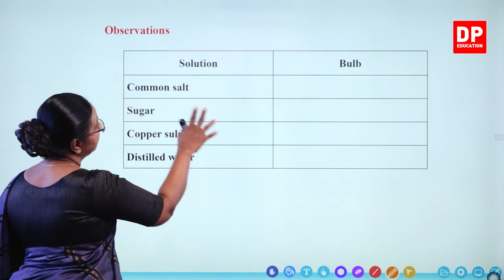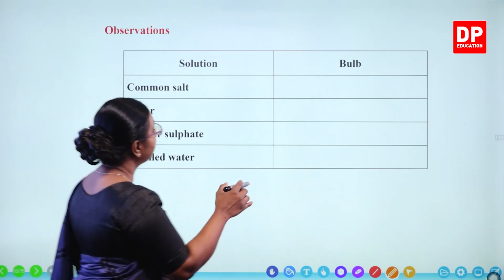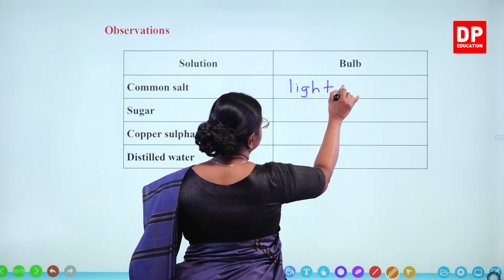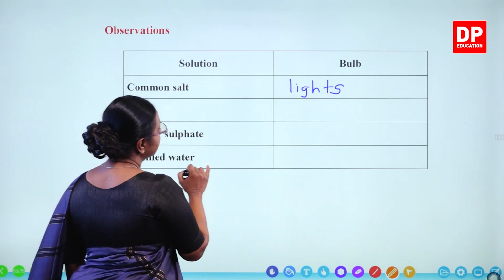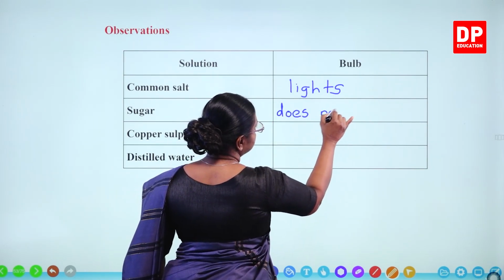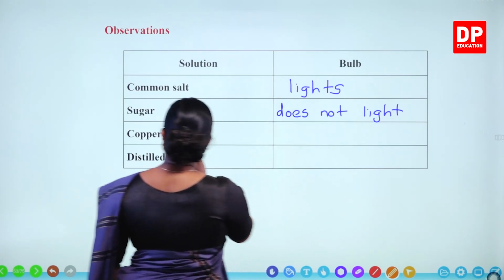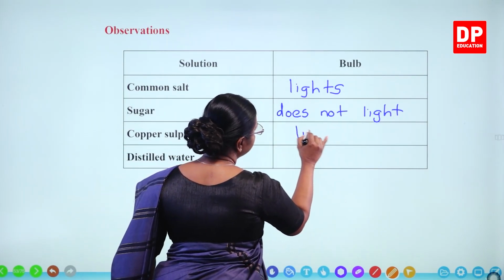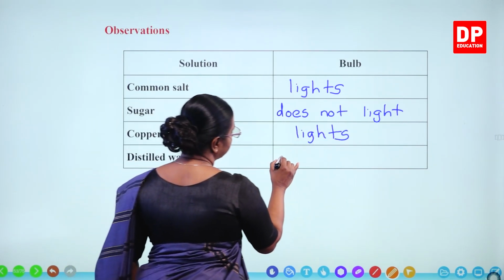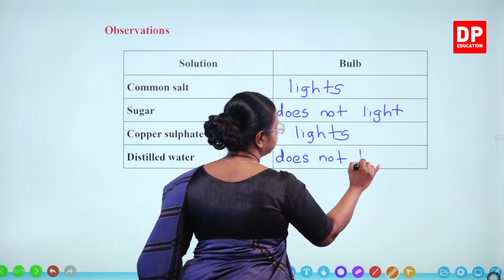So here if we fill this table under observations, common salt, the bulb lights, and sugar solution does not light. Then copper sulfate again, bulb lights, and distilled water, it does not light.